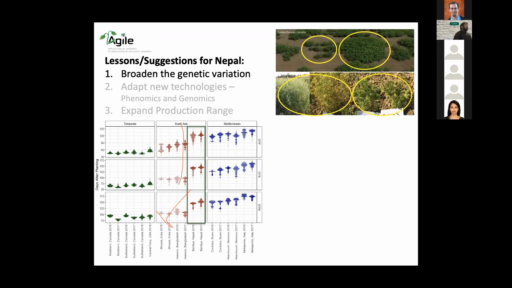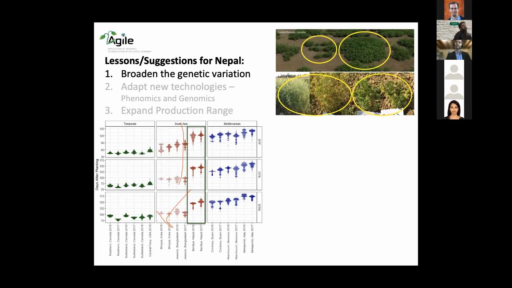From our field experiment in Nepal and from the global field experiment, what we found, including the environmental factors, especially with the phenology, is that Nepal behaves like something in between South Asia and the Mediterranean region. So it would be worthwhile to test genotypes from Mediterranean regions as well, in addition to the South Asian ones.